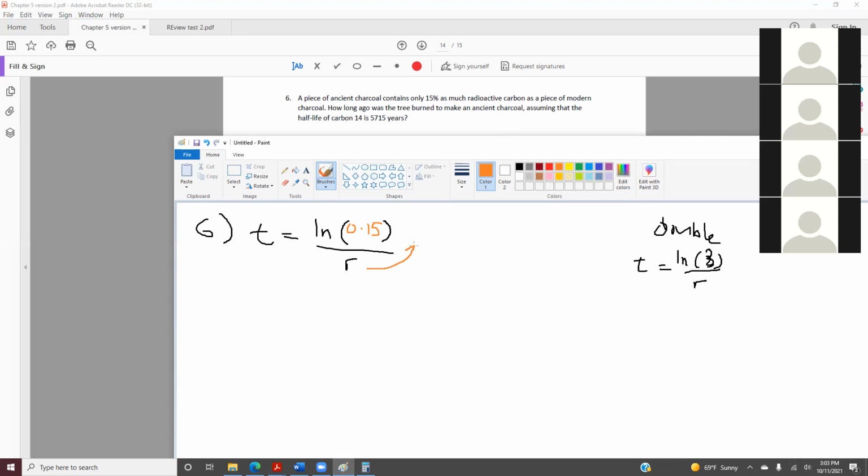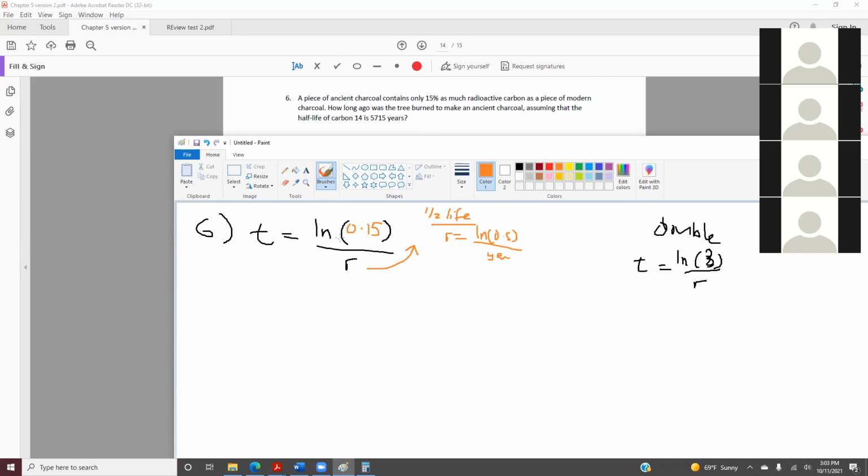Do you guys know how to find the rate for a half-life? What is the formula to find the rate? ln 0.5 divided by the half-life, the years, right?